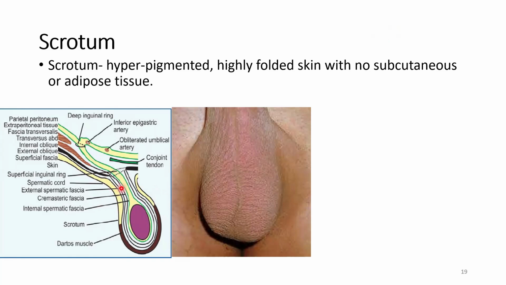You start from the skin, then the dartos muscle, then the external spermatic fascia, the cremasteric fascia, and then the internal spermatic fascia. From the internal spermatic fascia, you'll have the contents themselves.